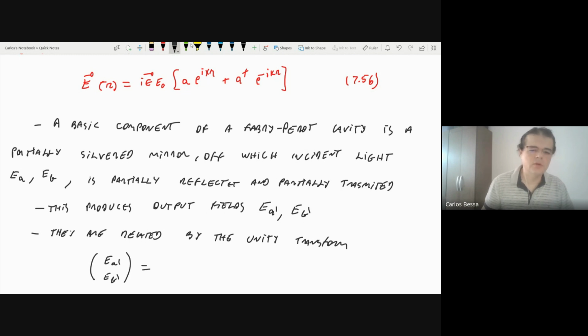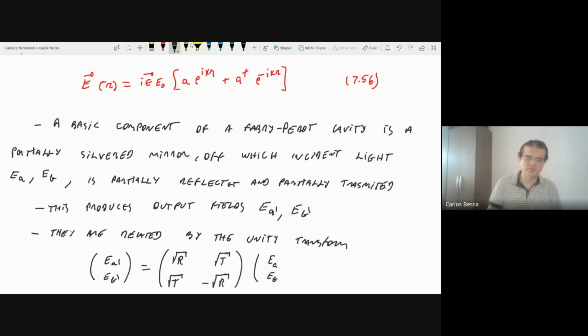E prime plus a part reflected. This is just convention, okay? But this is the square root of R. In some books, instead of the square root of R, they put R. Of course, they are not exactly the same R, but it's just convention. And here the transmitted part, and this sign here is also a convention.